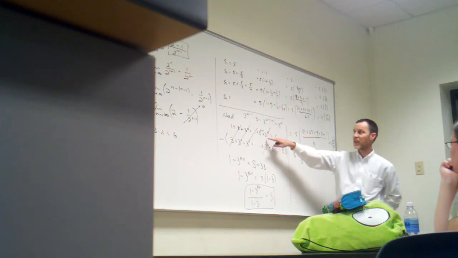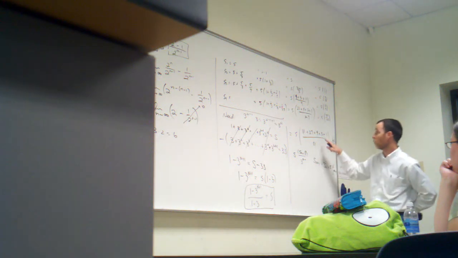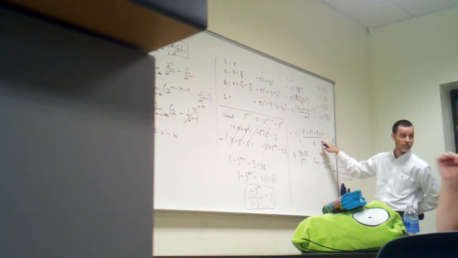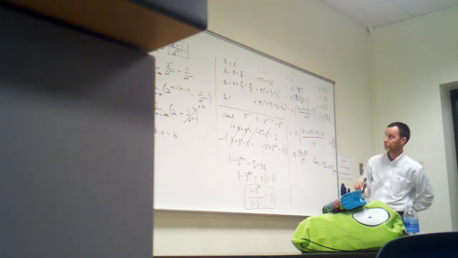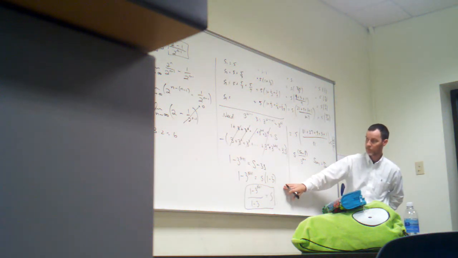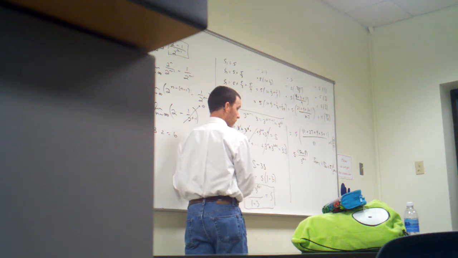So if I want to add up 1 plus 3 plus 3 to the n, there's my formula. And that's what I needed up here, right? 1 minus 3 to the n plus 1 is the first term in the first sequence and the last term in the other, right, because all the middle terms cancel.